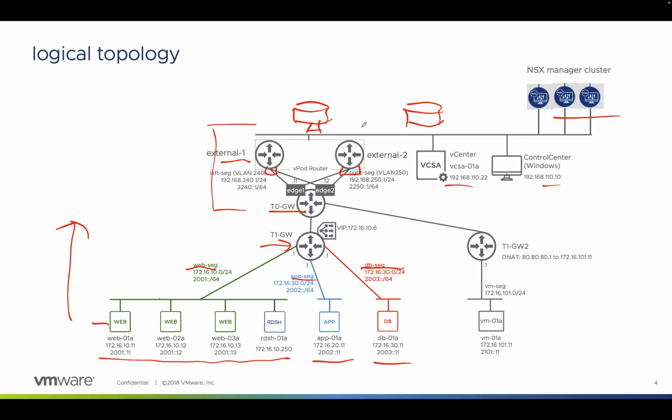We have active-active mode and active-standby mode for T0 deployment. Commonly, we use 2 tier-0 routers, and here are external 1 and external 2. We're going to show you the connection here.